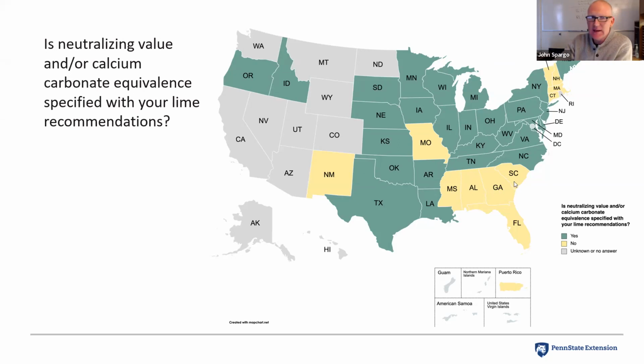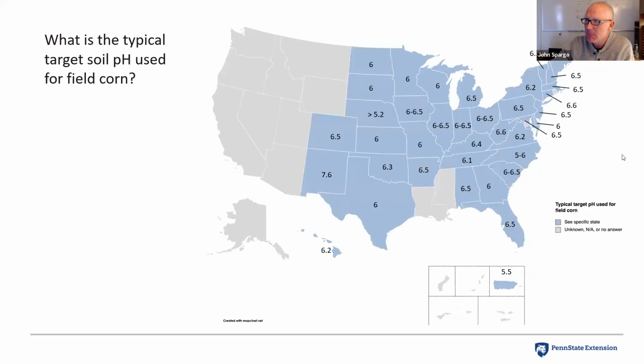And this kind of gets into some of the other discussions and nuance in the survey that Bob sent out late last week, trying to get a handle on how we come up with our lime recommendations and pulling the calcium carbonate equivalents out of that so that we can normalize things across recommendation systems. And finally, we asked what the typical target pH is used for field corn.